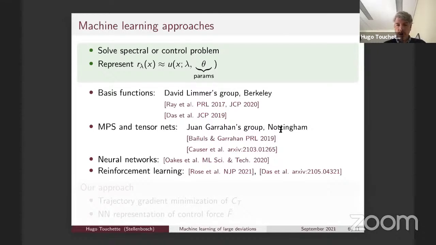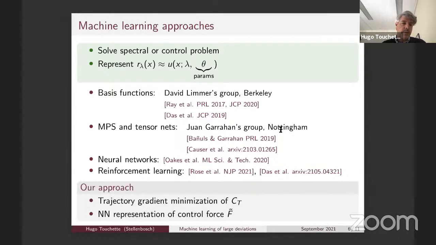The approach I'm going to describe, which is the approach that we followed in the paper that I mentioned before, is slightly more direct. We're going to do a gradient minimization of the cost function related to the control problem. So we take the control problem as the line of attack, and then we try to minimize the cost function directly by simulating trajectories. So there's no reinforcement learning. We just do a gradient minimization of the cost.